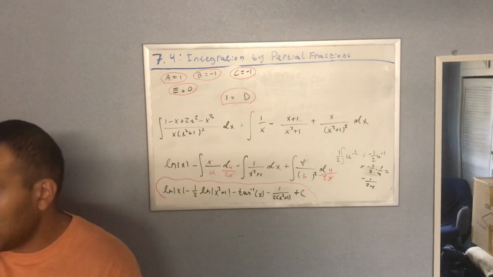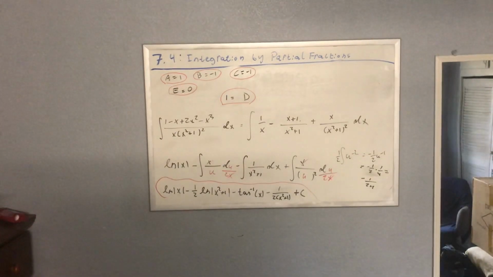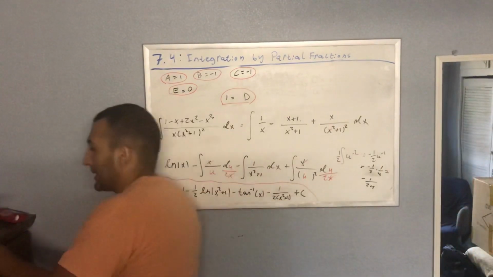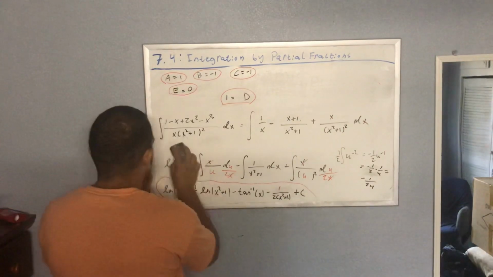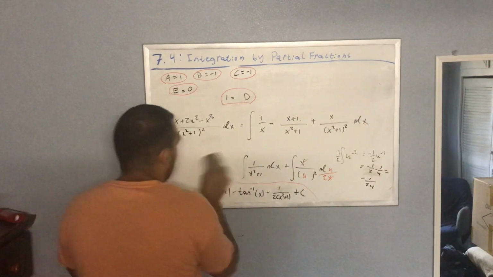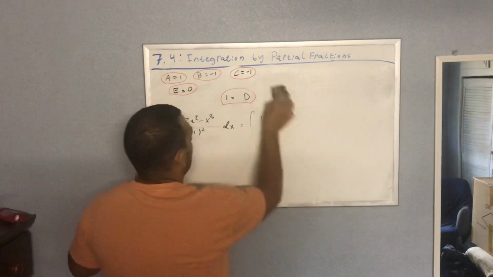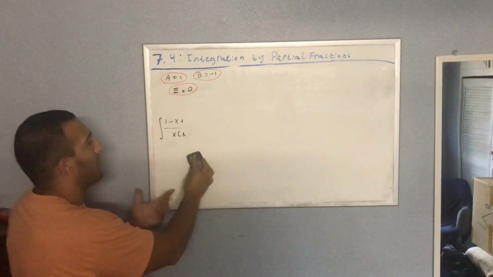Okay, so then this leads us to the next section. So now we've talked about many strategies of integration, but they were all isolated. You know, the integration by parts section, if you see an integral, you're going to guess, maybe I should do integration by parts.